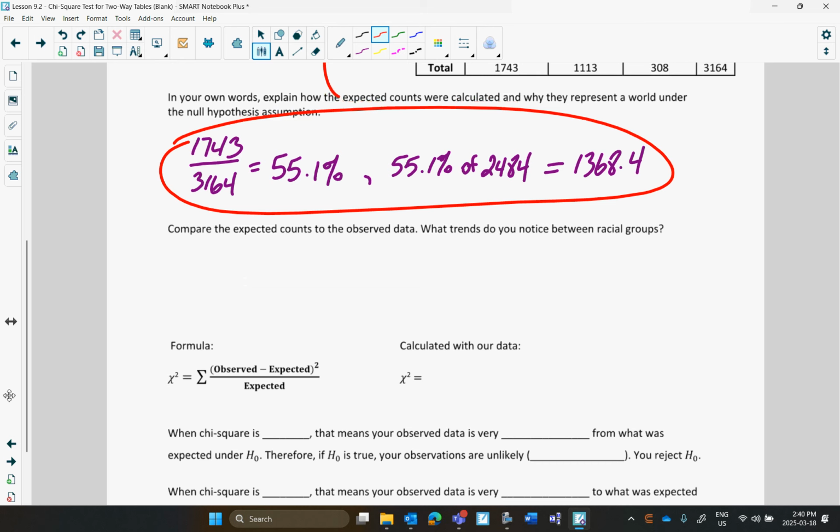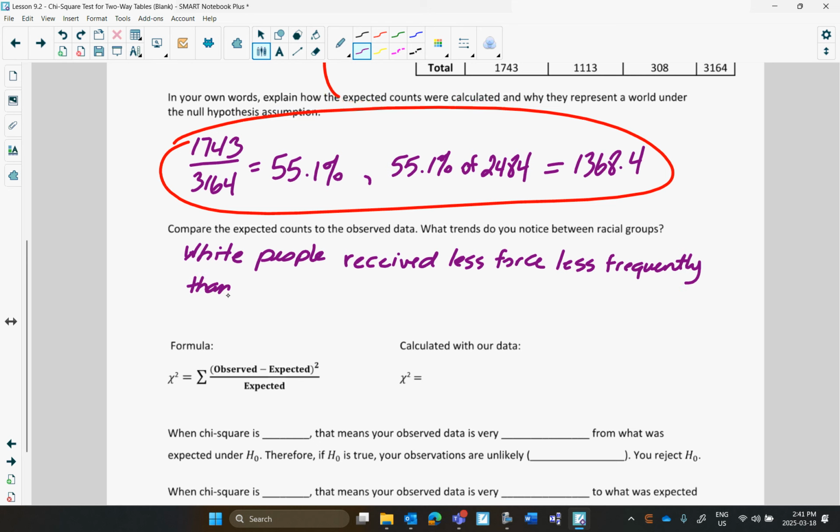But in general, white people receive less force less frequently than expected, and no force more frequently than expected.